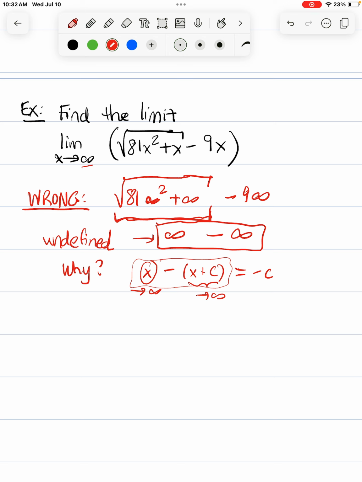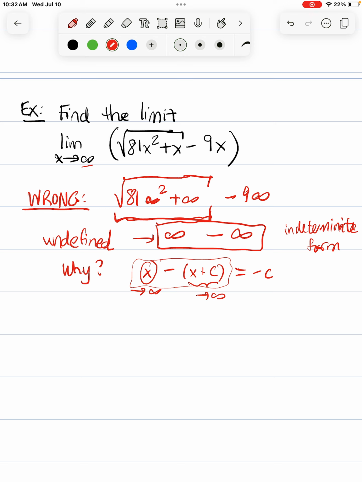Okay. So this is actually something called an indeterminate form. When you get to the section on L'Hopital's rule, there are more examples of indeterminate forms.